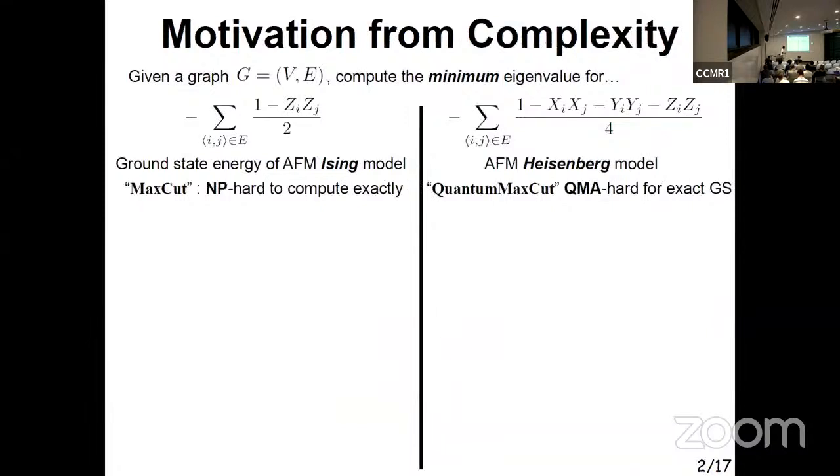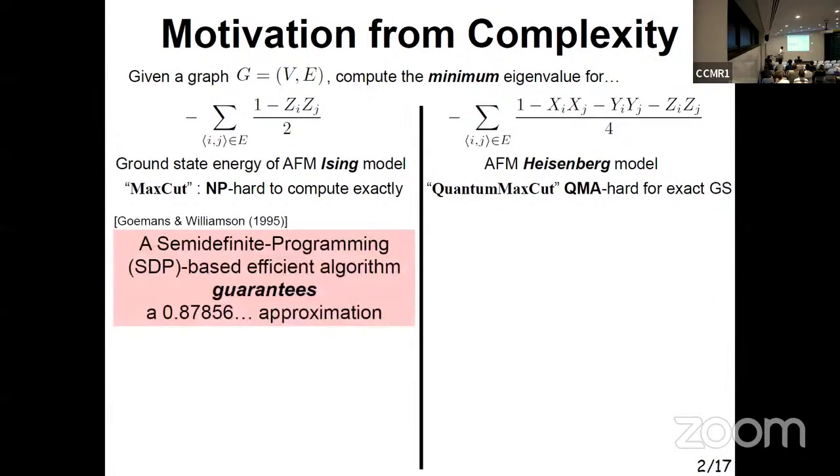Like Eunou already did, we can first look into the classical case, because in classical complexity theory, the same Hamiltonian without the XX and YY terms, just the diagonal part, becomes the max cut problem, or the antiferromagnetic Ising model. For the max cut problem, we know very well that obtaining the ground state is NP-hard, but the story doesn't end there.